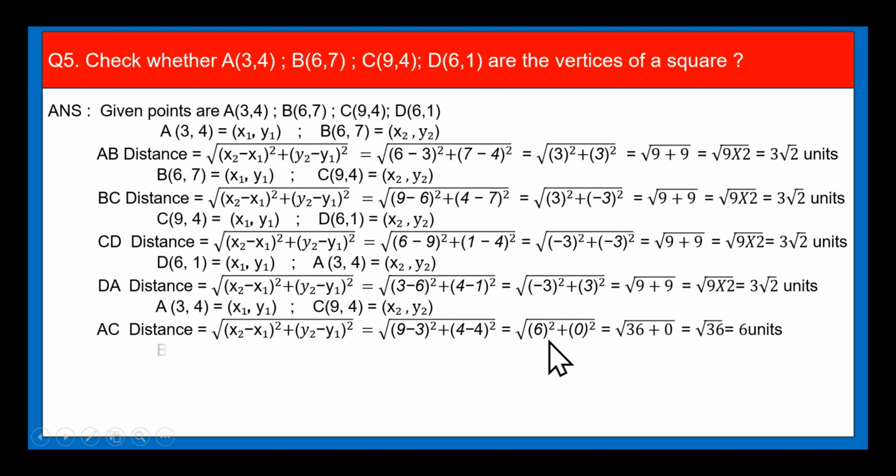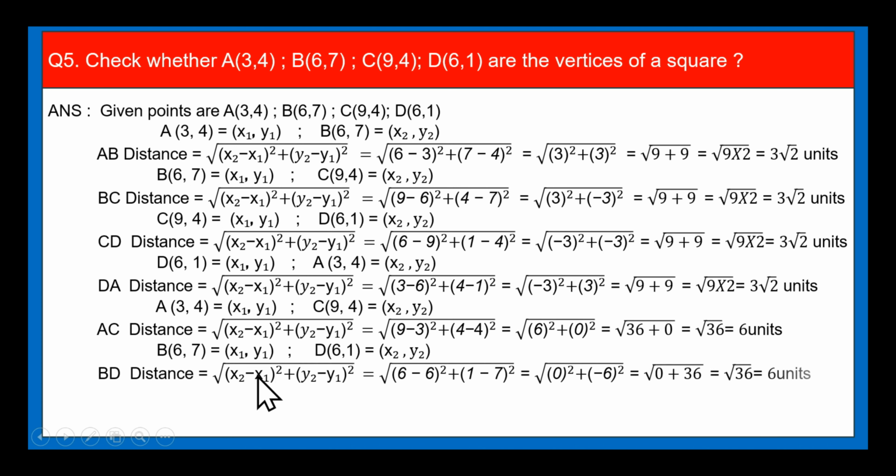And the second diagonal, the vertex B (6, 7) as x1, y1 and the vertex D (6, 1) as x2, y2. The length of the diagonal BD is nothing but the distance between the points B and D. Root over the same formula, (x2 minus x1) whole square plus (y2 minus y1) whole square.